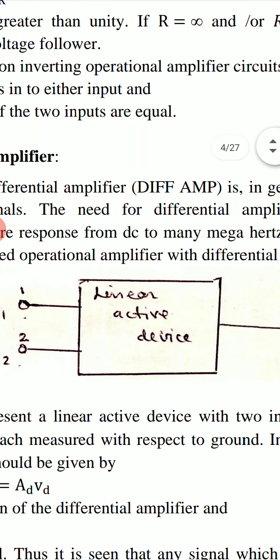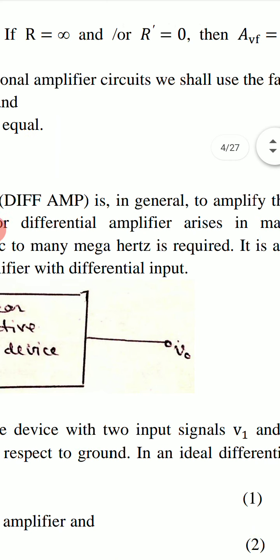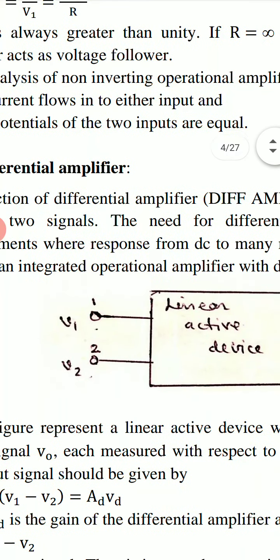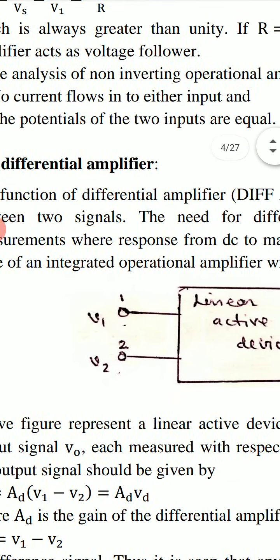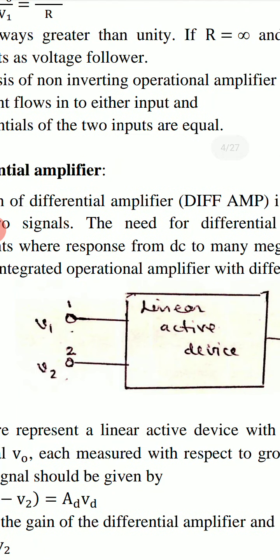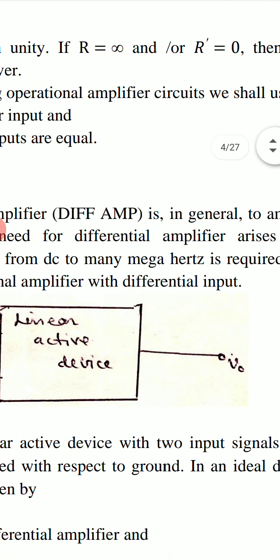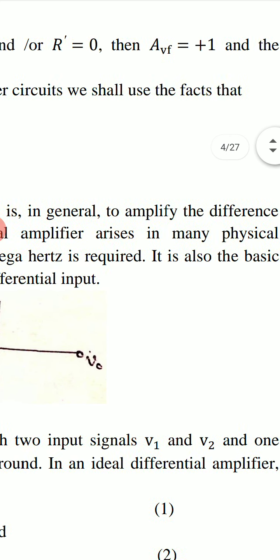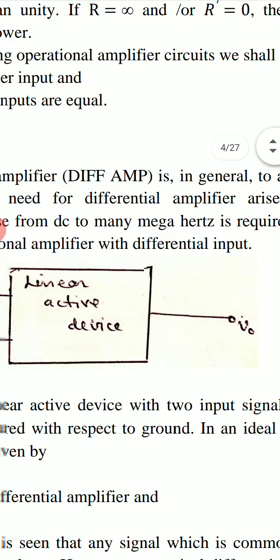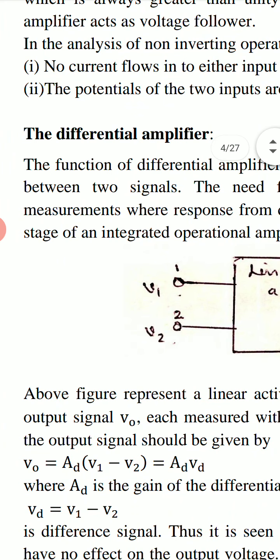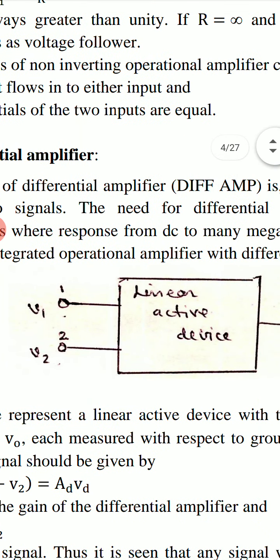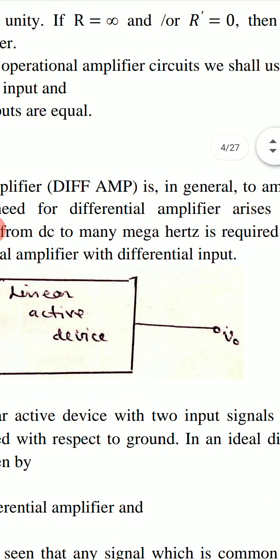The need for differential amplifier arises in many physical measurements where response from DC to many megahertz is required. It is also the basic stage of an integrated operational amplifier with differential input.